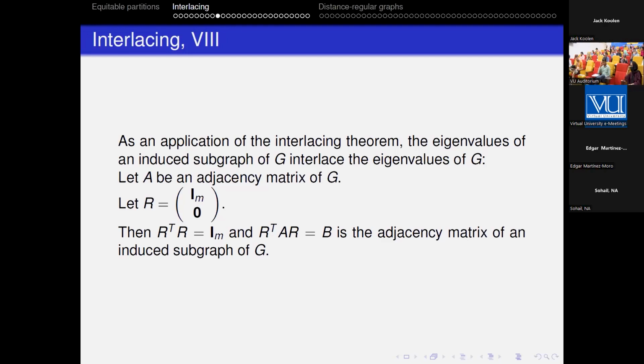Then you see that R transpose R is the identity of order m, and R A R transpose is the adjacency matrix of the induced subgraph we want. So then we can use the interlacing theorem to show that they interlace. Yes?